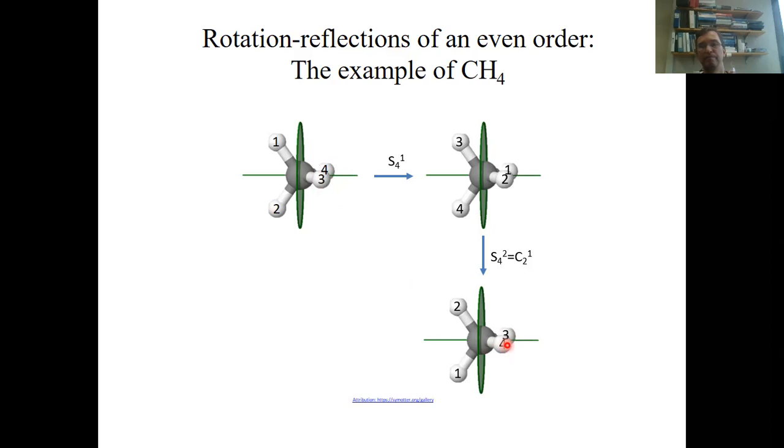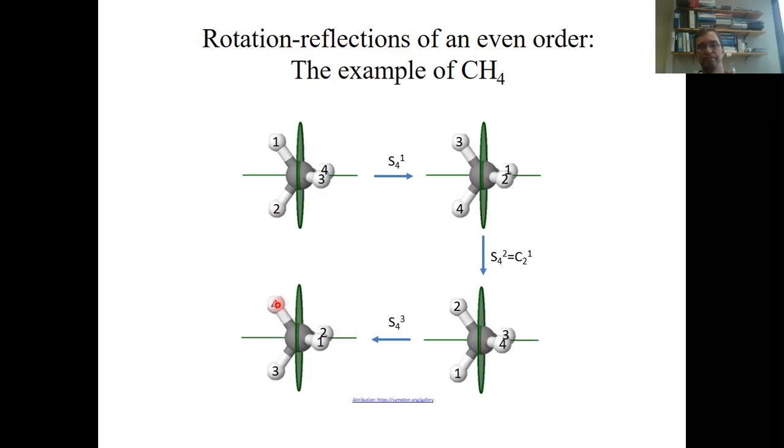All right. But now we have to do this operation 2 more times in order to produce the identity. So when we do it for the 3rd time, atom 1 moves from here to here. Atom 2 moves from here to here. Atom 3 moves from this position to that position, and atom 4 here moves from this position to that position.